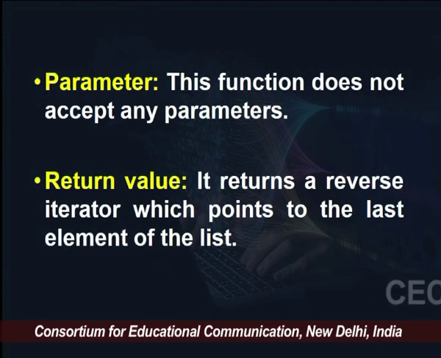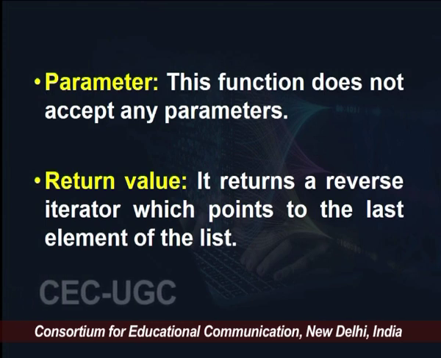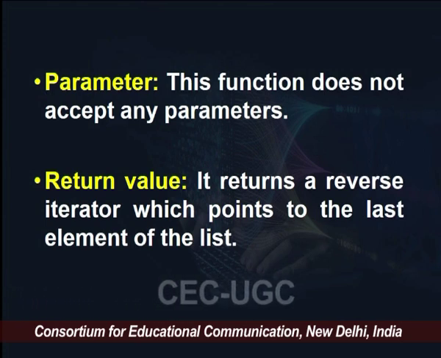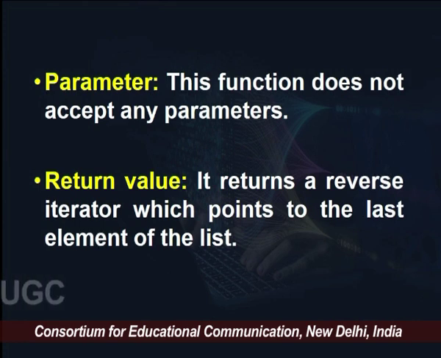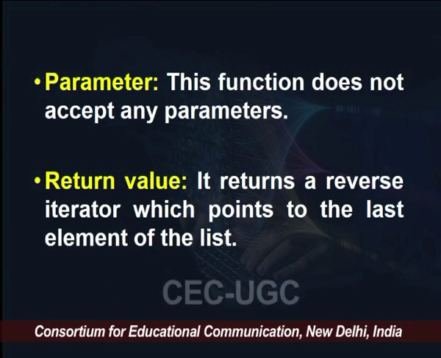It is not going to take any parameter, because the list name is included prior to the dot operator. As far as the return value is concerned, it returns a reverse iterator which points to the last element of the list.